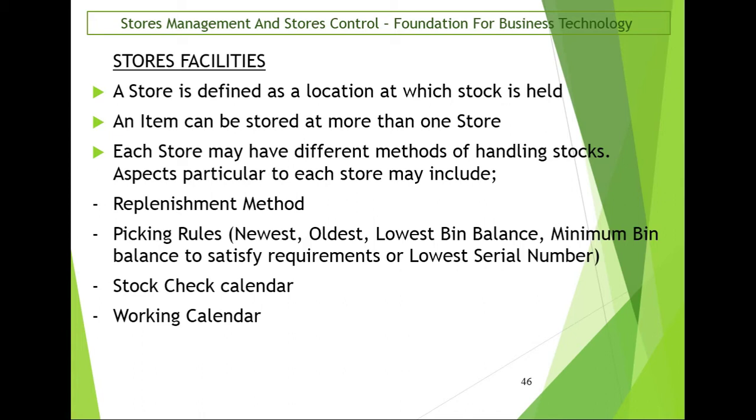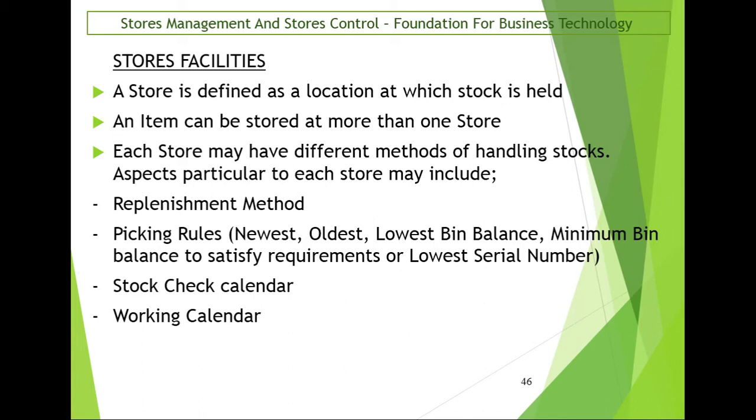So if you've got more than one store, it means that an item can be stored at one or more of those stores. So for a single item, you will then be having a balance for that item at each individual store. Then you also have the company balance or the overall balance for that item throughout the whole organization.